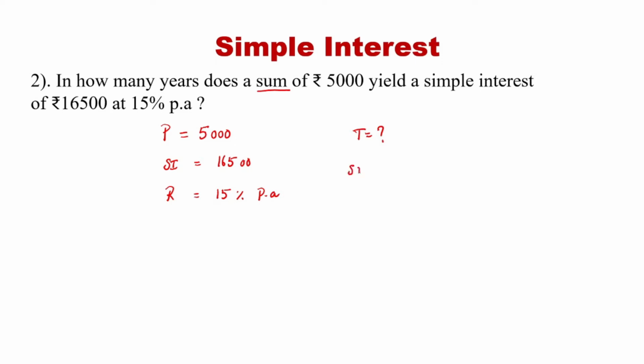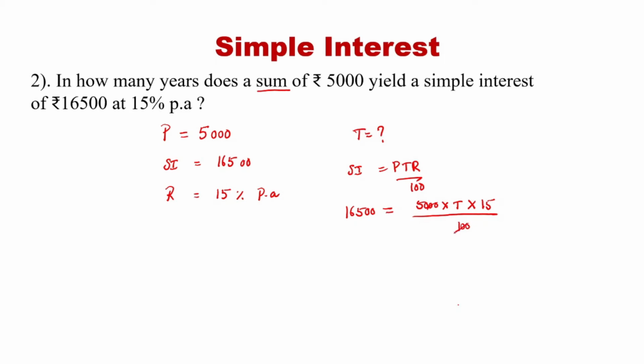Simple interest formula SI equal to PTR by 100. What is the value of simple interest? 16,500 equal to P value 5,000 into T value, which we have to find out, into R value 15 divided by 100.